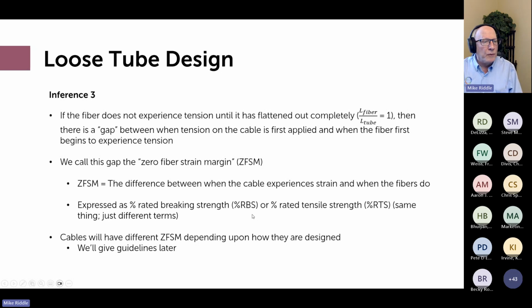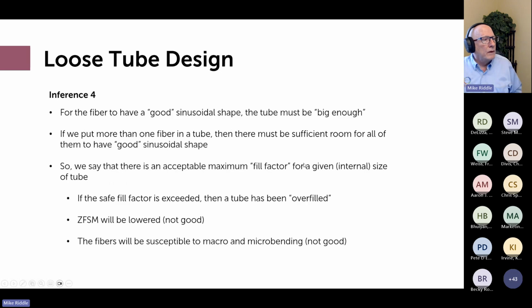I'm used to working with rated breaking strength or rated tensile strength, not UTS, ultimate tensile strength. Anyway, cables will have a different zero fiber strain margin depending upon how they're designed. And we'll give some guidelines later about that because it's a really important value that I think you should know about your cable. Next up, inference number 4.